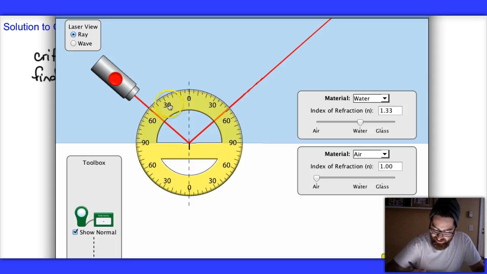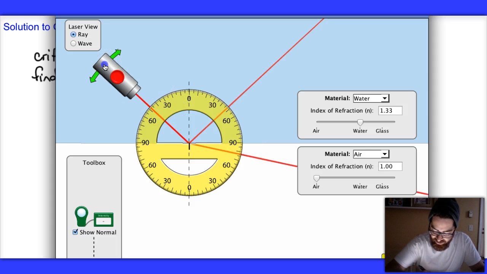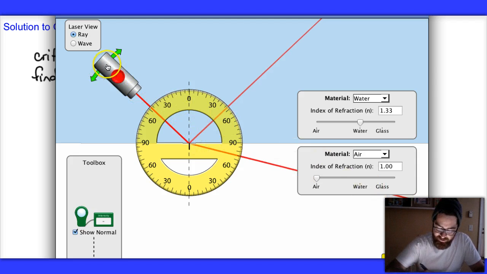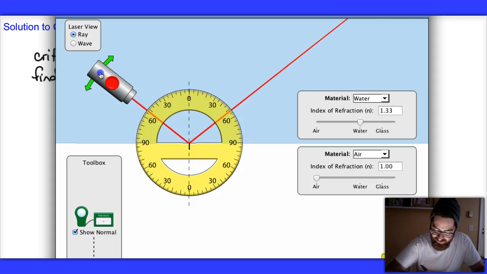So in this case, it looks like just shy of 50 degrees would be the critical angle here, and anything less than 50 degrees and I transmit across the boundary, anything greater than that critical angle, 50 something degrees, and it's totally internally reflected. That's what this phenomenon is known as.